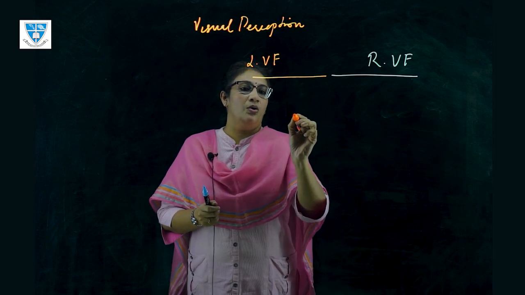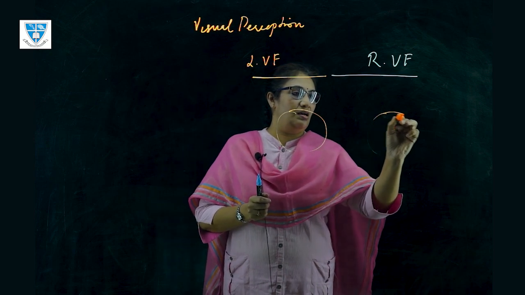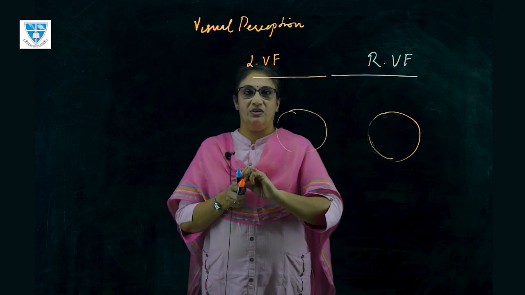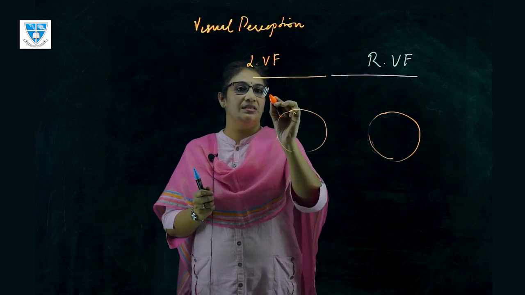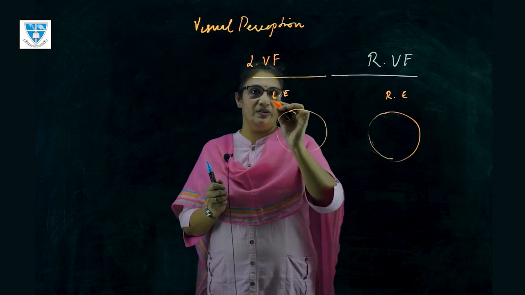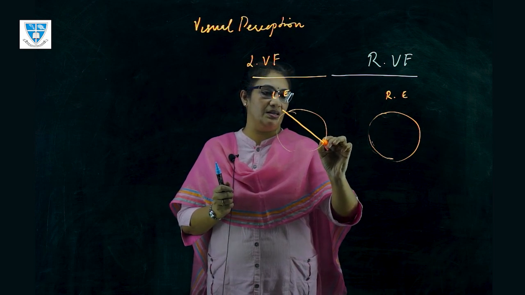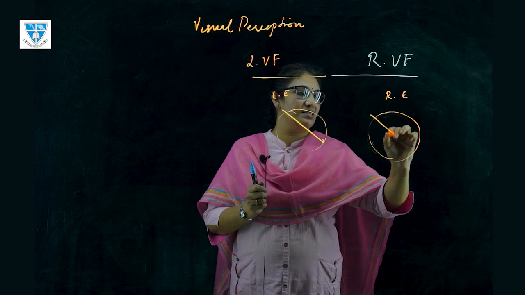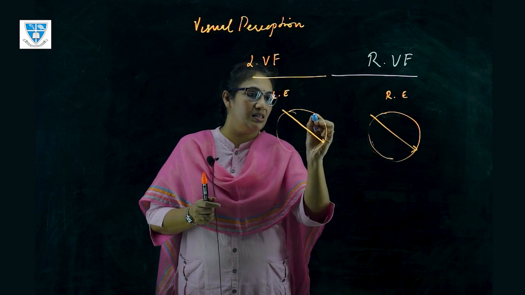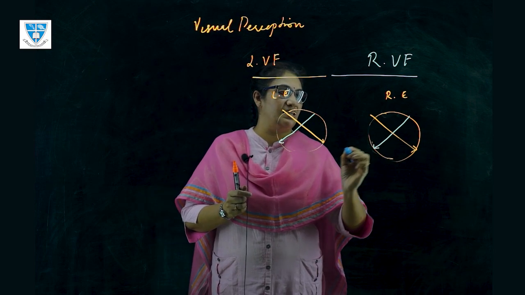Now, how is this projected onto these two eyes? This is the left eye, this is the right eye. The left visual field is always projected onto the right side of the retina of both the eyes, and the right visual field is projected onto the left side of the retina.